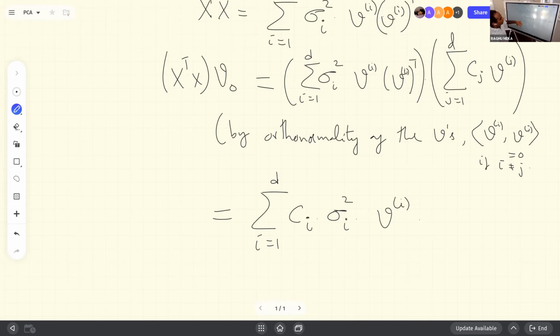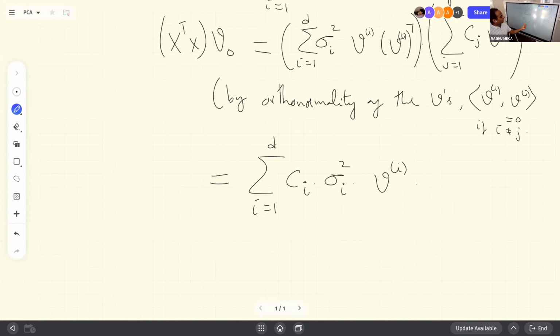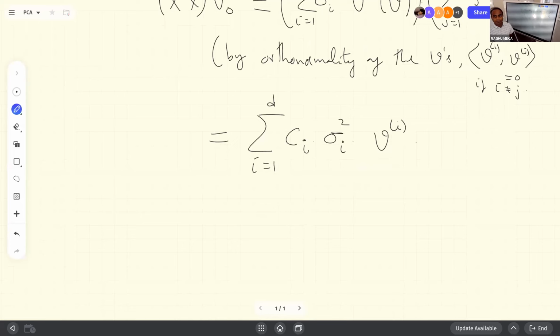Okay, so basically what it's saying is, if I write down V0, my starting vector, in the basis of the singular vectors, then after each application of X transpose X, I'm multiplying the coefficients by sigma i squared. That's the only change that's happening. The ci's are as they are. I just bumped them up, or bumped down, but multiplicatively changed them by sigma i squared.